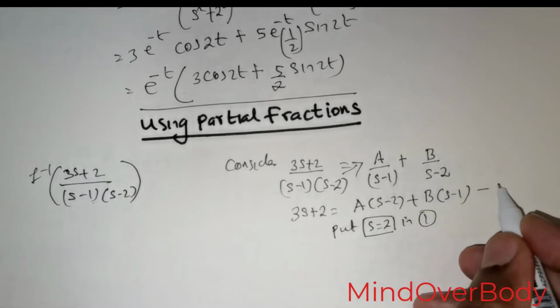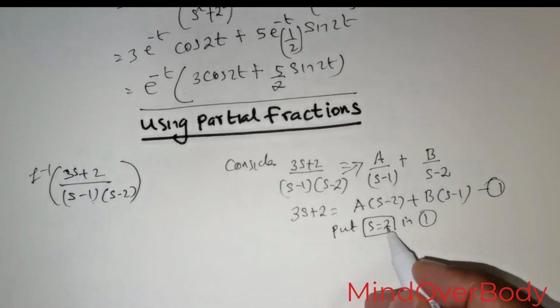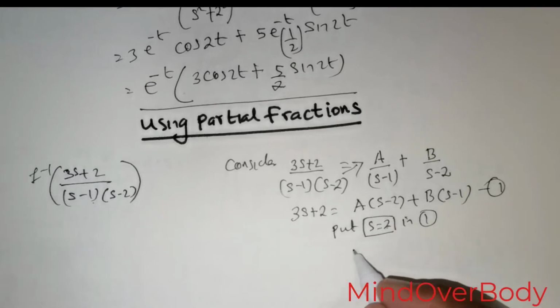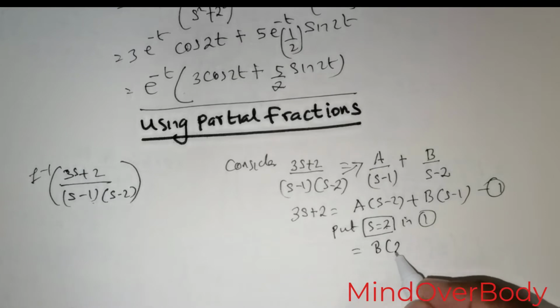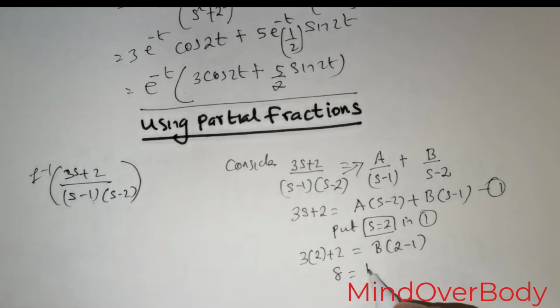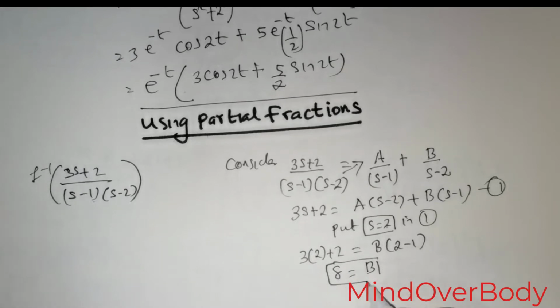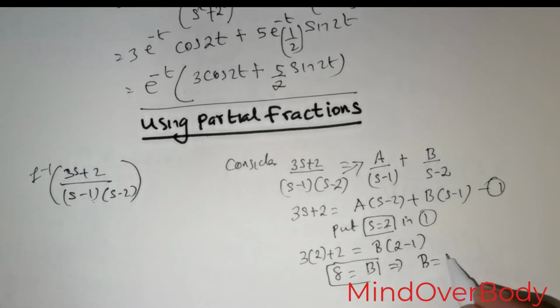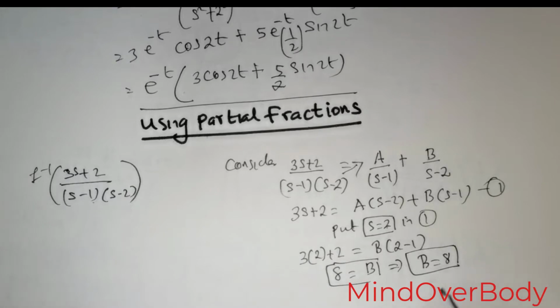So if s is equal to 2, this will vanish, leaving me with B times (2 - 1). On the left side it's 3 times 2 plus 2: 3 times 2 is 6, 6 plus 2 is 8, and this is going to be B. So I got the value of B as 8.